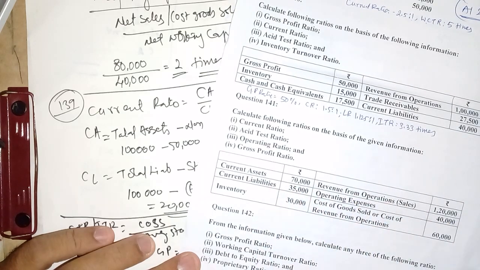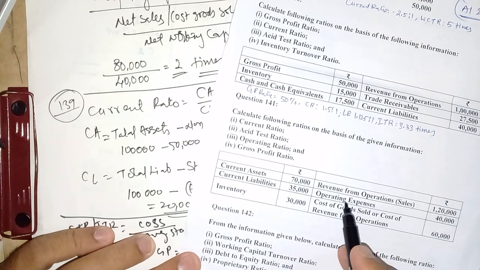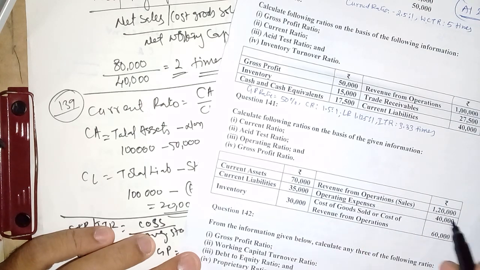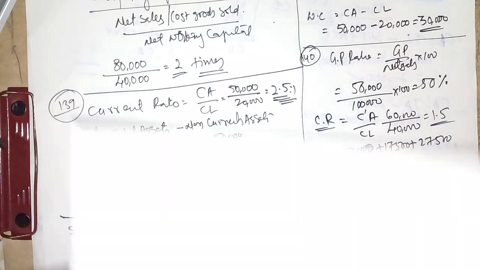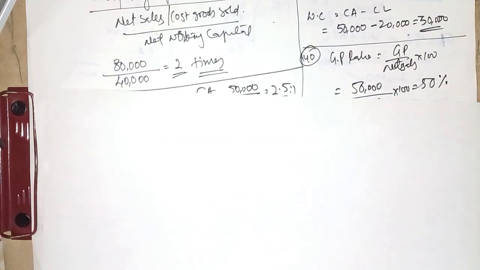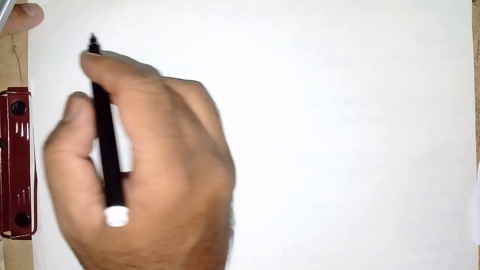Then inventory we have been given, then revenue from operations, sales, operating expenses, then cost of goods sold. So very quickly and fast we'll work it out, consuming less time. Now, based on the information, question number 141.